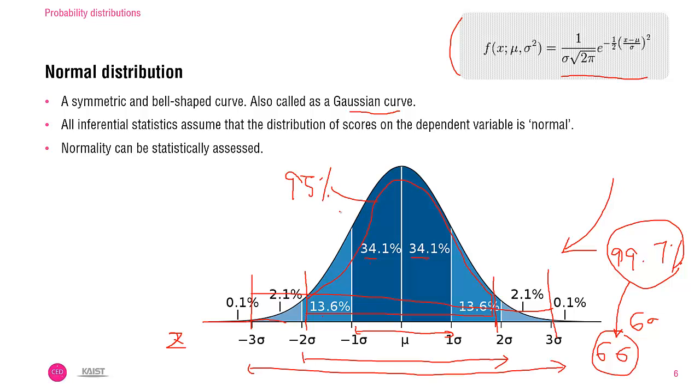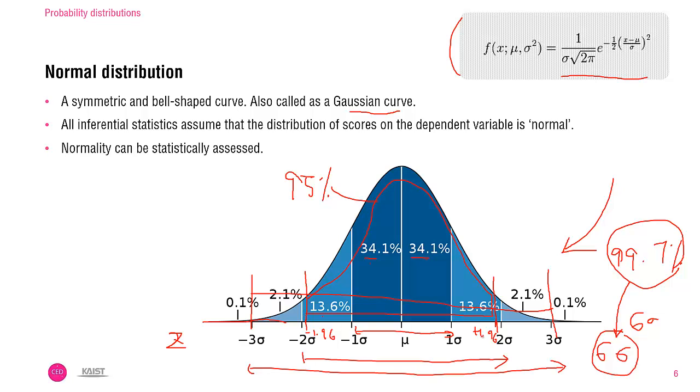And 95% is very relevant in design studies. The Z value which corresponds to 0.95 is 1.96 minus here and plus here, 1.96.